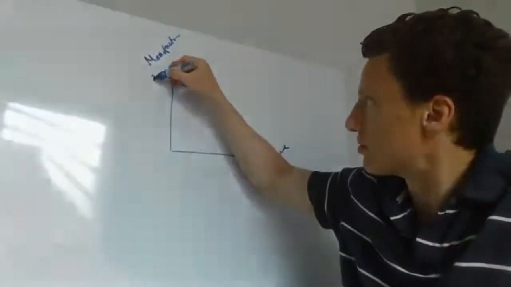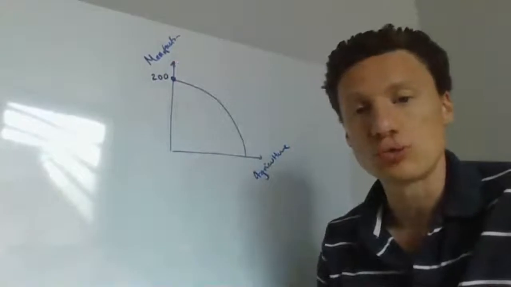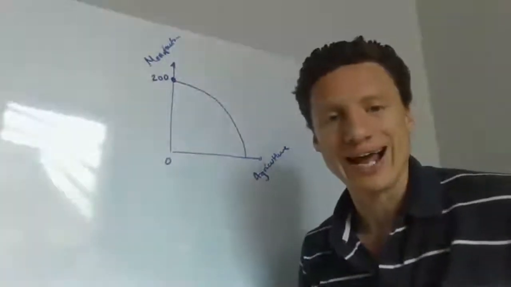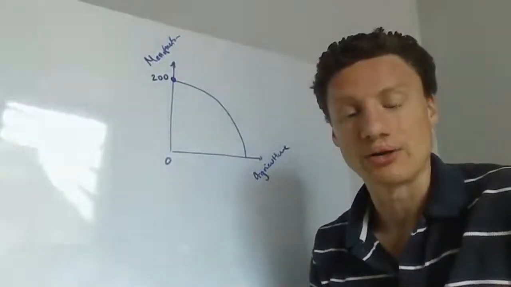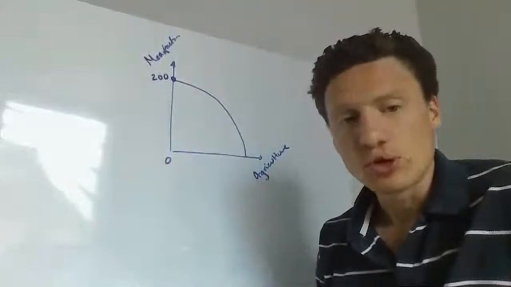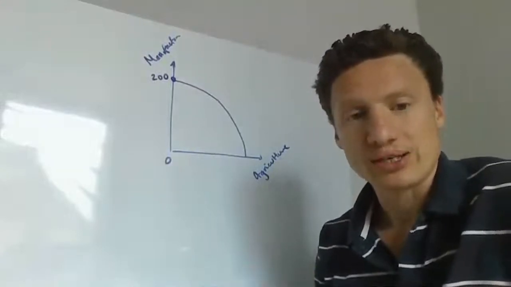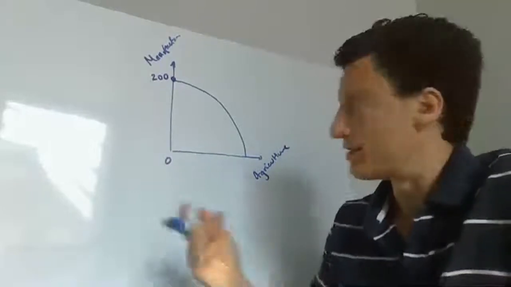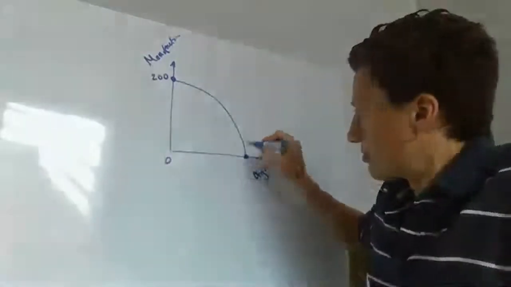We can come up with a number, 200 manufacturing goods, but 0 agricultural goods, because of course we haven't allocated any resources to our agricultural goods. On the other hand, if this economy puts all of its resources, all of its factors of production into agriculture and nothing into manufacturing, then you would be here.